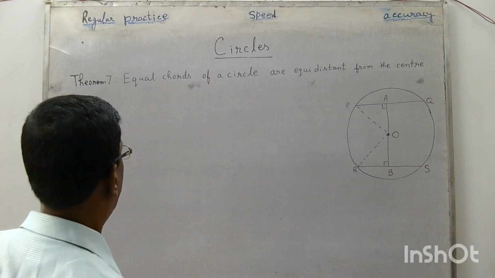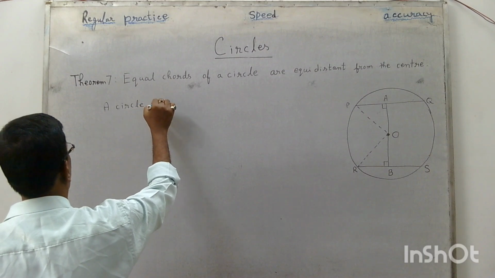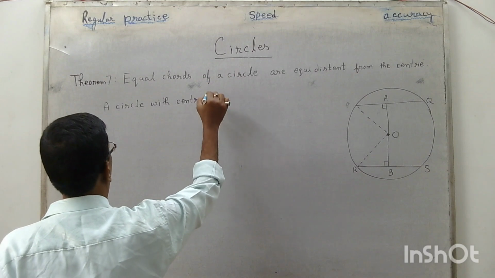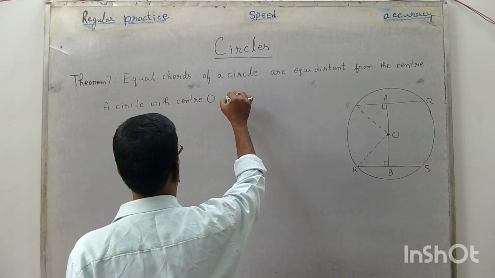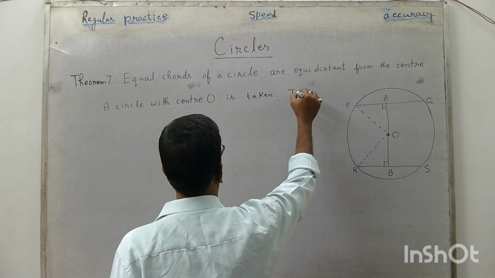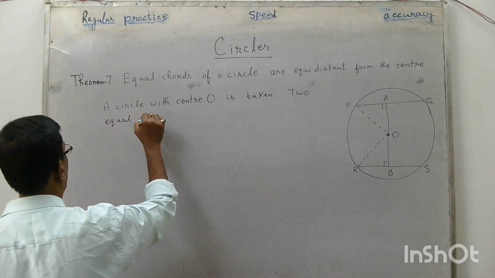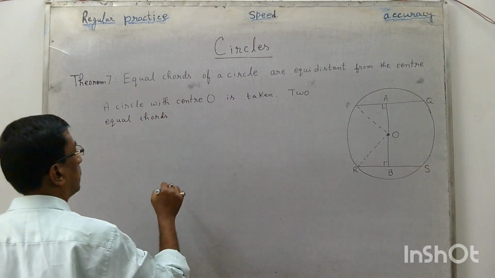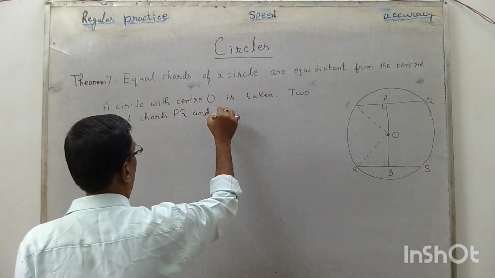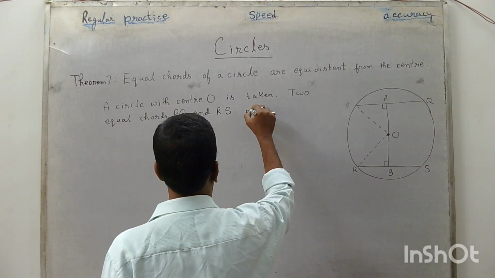So, we write here the statement: a circle with center O is taken, equal chords PQ and RS are also taken.